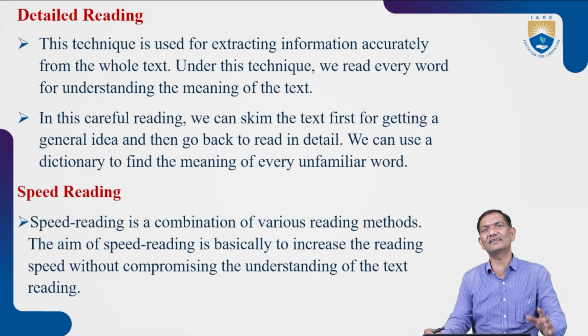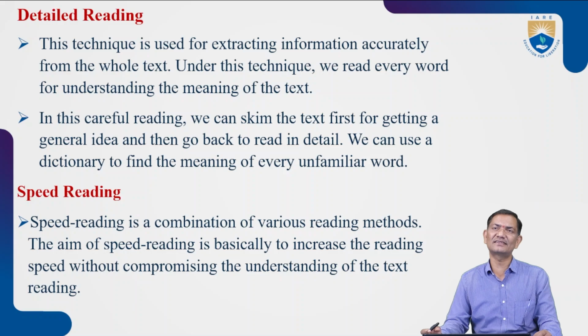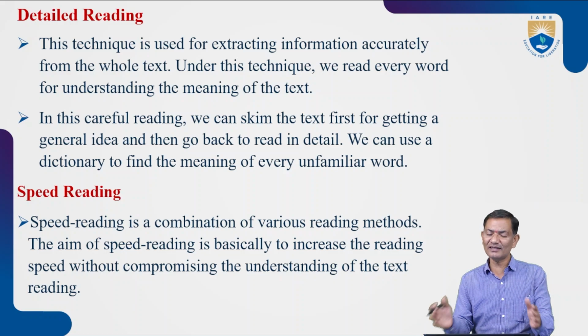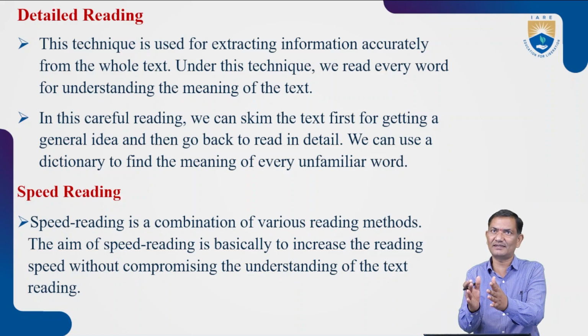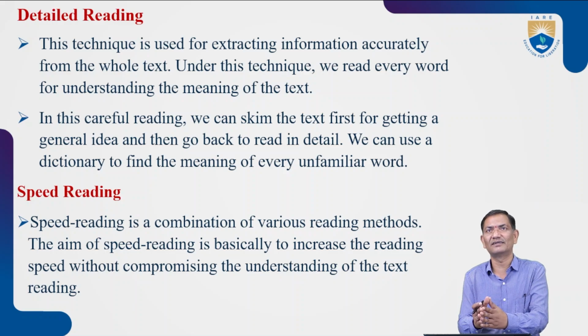Next, detailed reading. What is detailed reading? This technique is used for extracting information accurately from the whole text. Under this technique, we read every word for understanding the meaning of the text. So when you are reading that text, you are understanding it word by word, every word, and also what the word means.